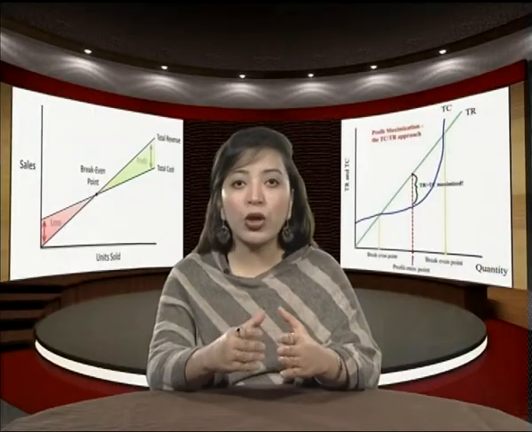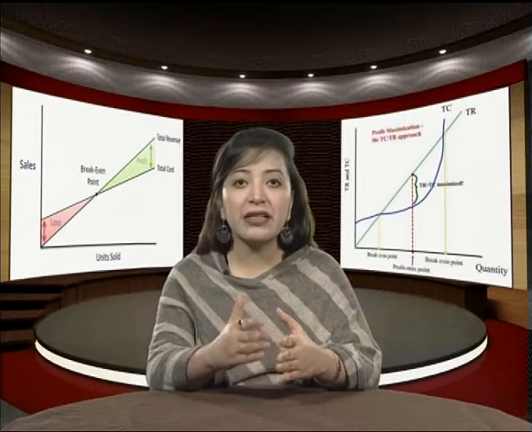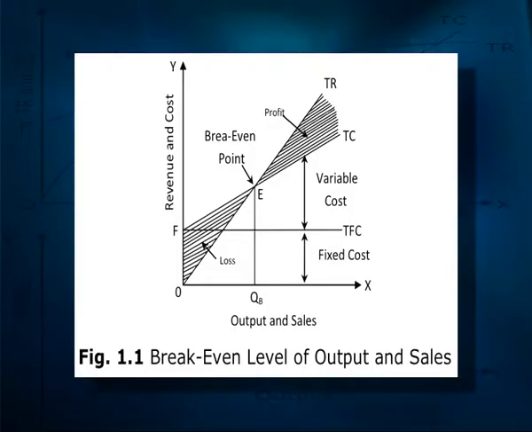TFC is the total fixed cost line. With a given fixed cost line, TC represents a total variable cost. As will be seen from image 1.1, the vertical distance between the TC and TFC curves, representing the total variable cost, increases as the quantity of output produced and sold increases.